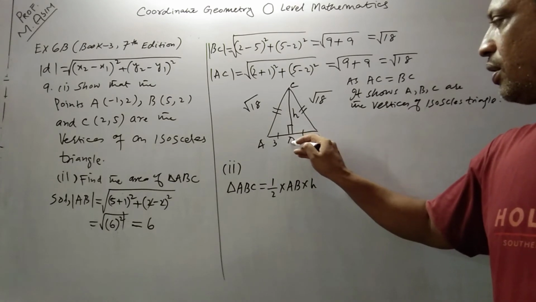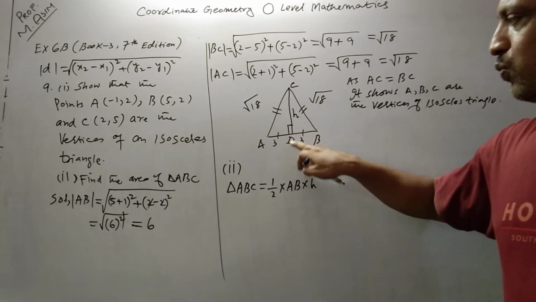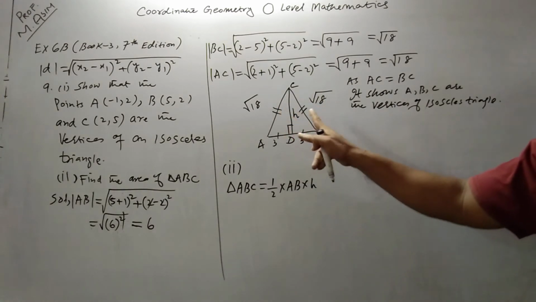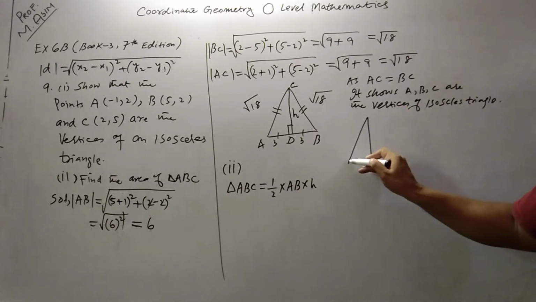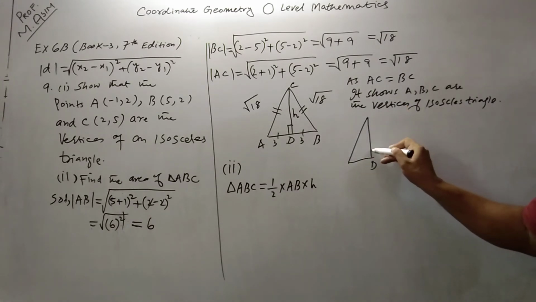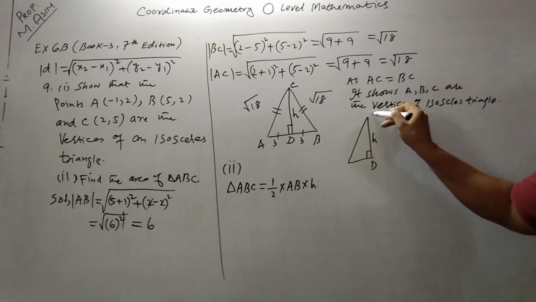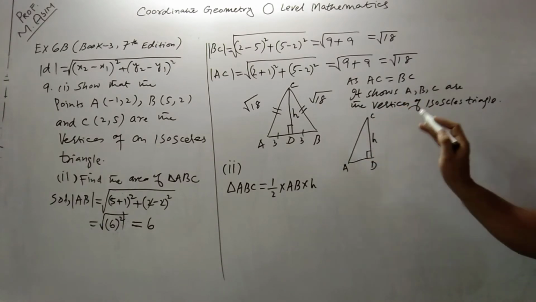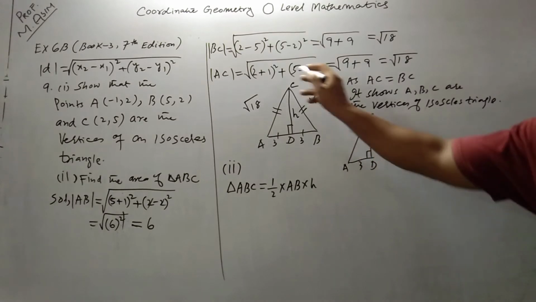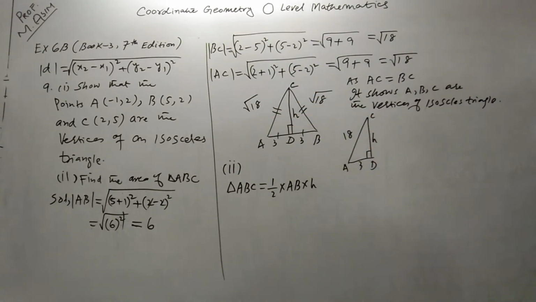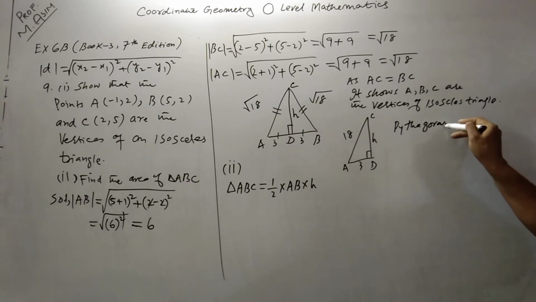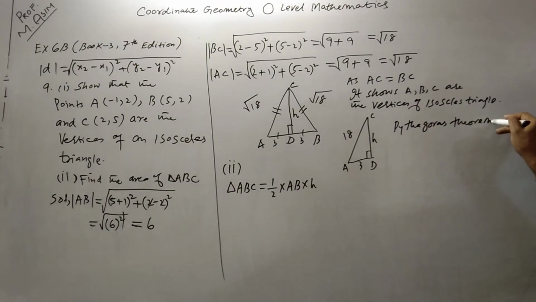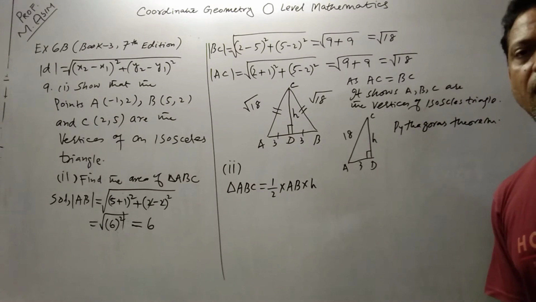If we write the name of this point as D, and if we cut one triangle from these two triangles like this, this is point D, this is 90 degree, this is A, this is C, this is 3, and this is root 18. Now recall the name of the great mathematician Pythagoras.